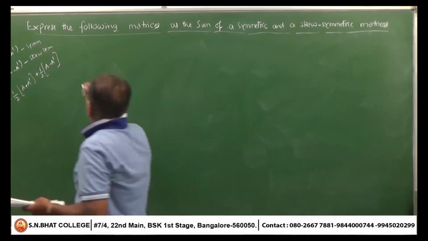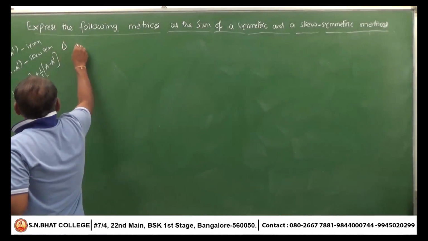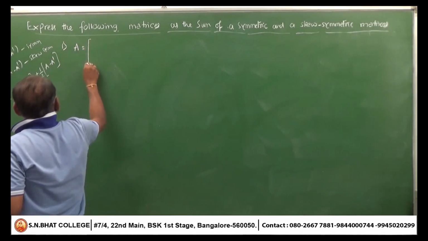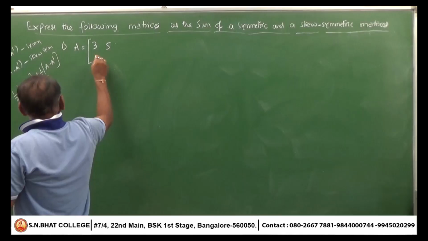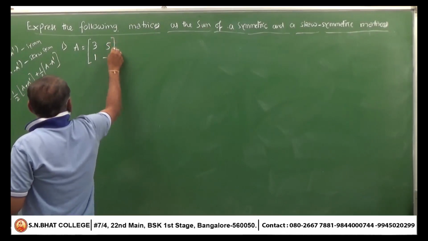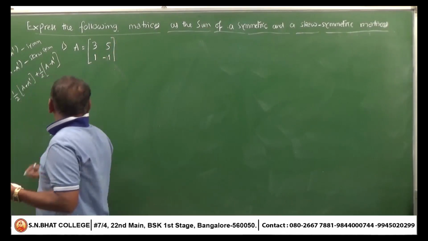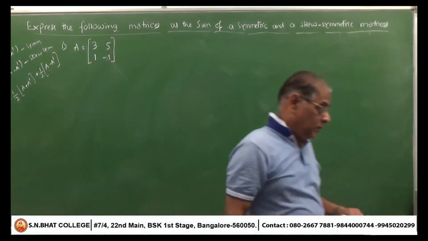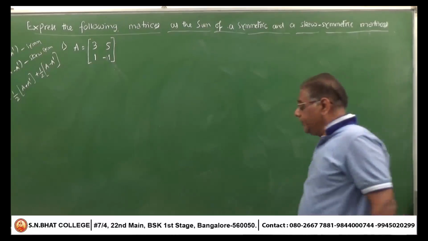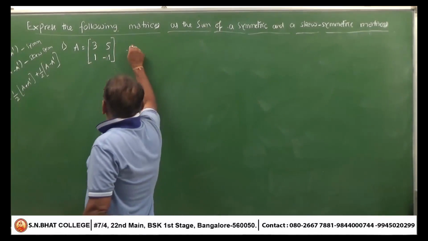First problem: A is equal to the matrix with rows 3, 5 and 1, minus 1. A is given, calculate A transpose.